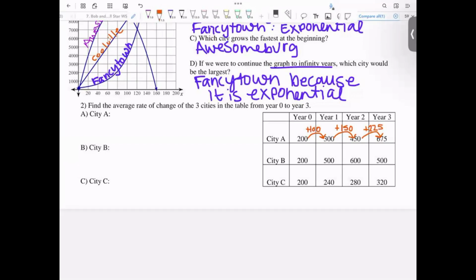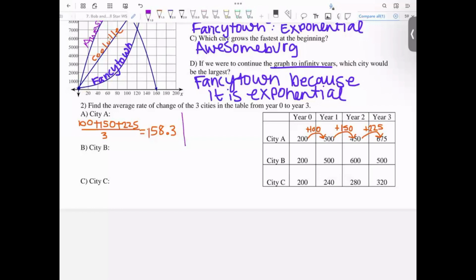Okay. So we can say 100 plus 150 plus 225. And we divide by 3 because we're finding the average. When you're doing average, you add up whatever you have and you divide by how many numbers you have. So in this case, the average was 158.3.